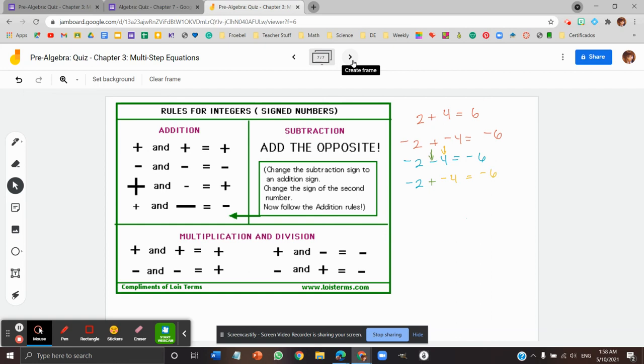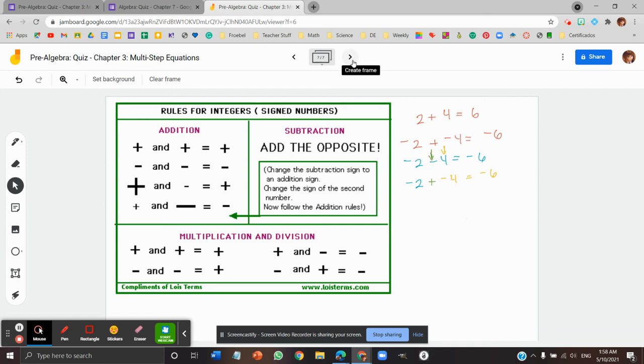Again, change the subtraction sign to an addition sign. How can you do it? The first one stays the same. You change that subtraction to an addition, but then you have to take the second number and change its sign.